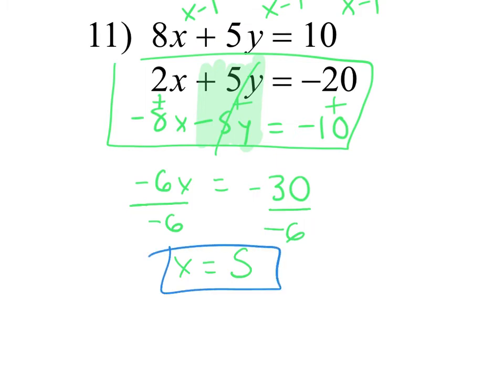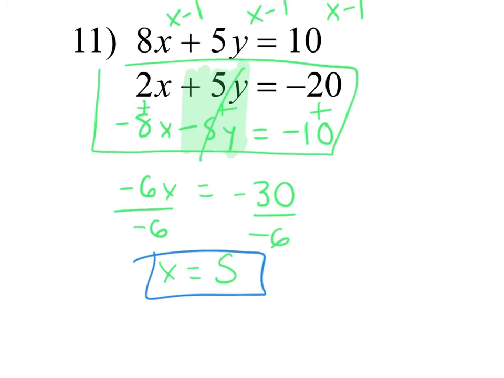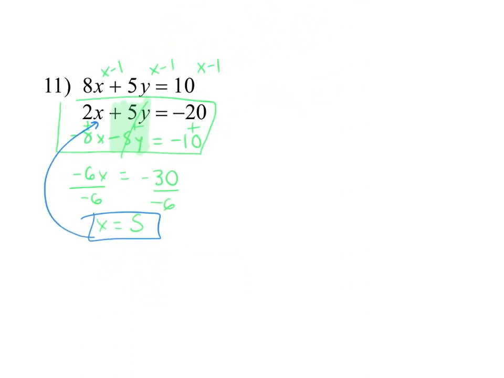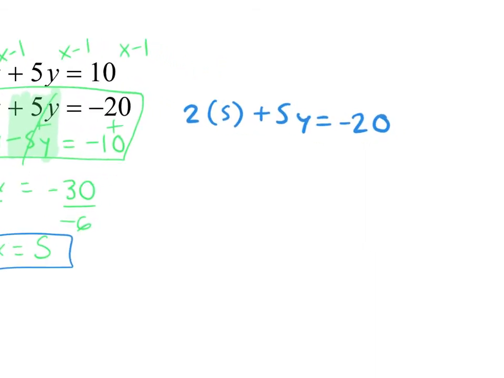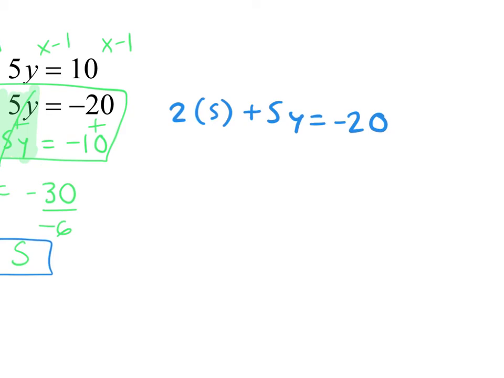Now we need to take this x and plug it back in. So we can plug it into either our first equation or second equation. Let's plug it into our second one. So we plug it in for x. So we have 2 times 5 plus 5y is equal to negative 20. What do we need to do first to solve? Multiply. So 10 plus 5y is equal to negative 20.